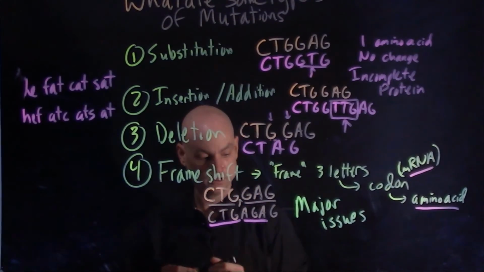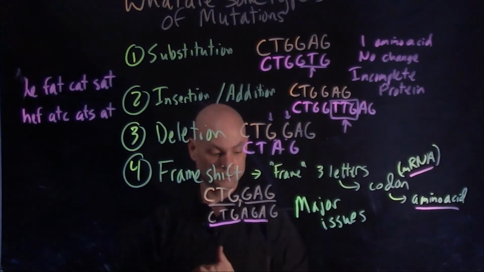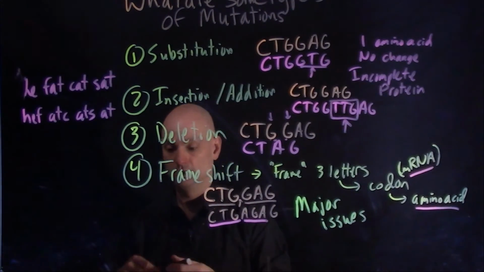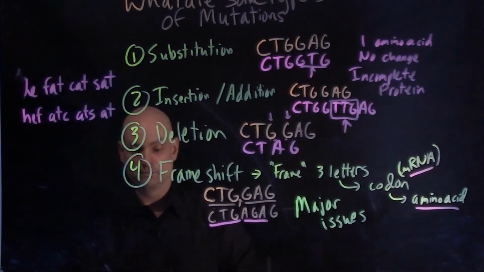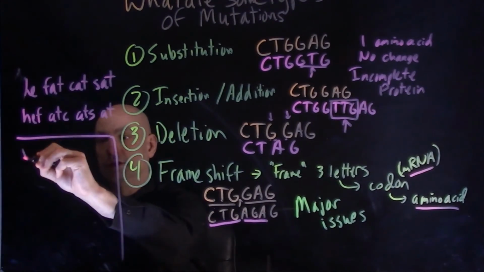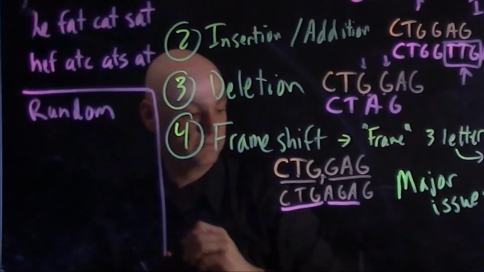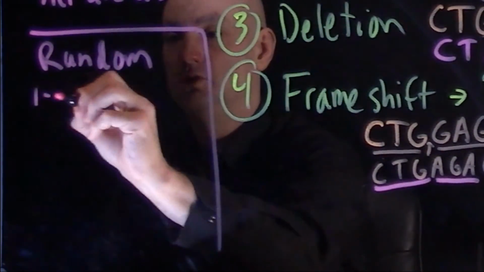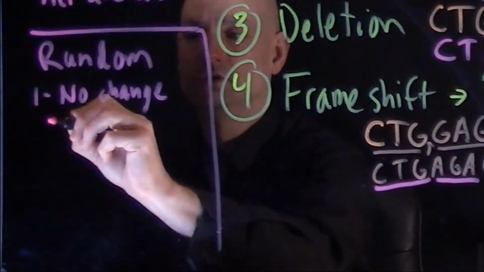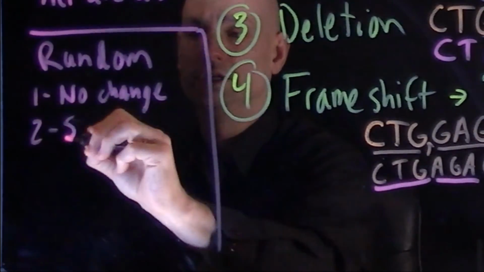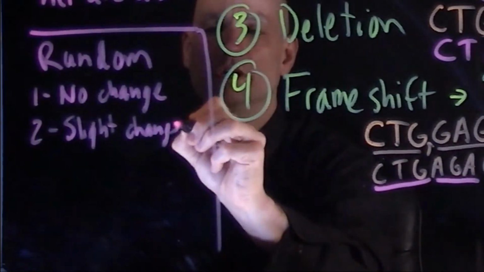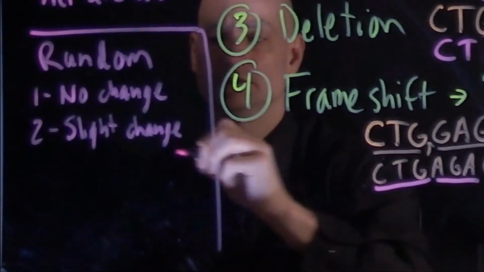Okay, so overall, mutations. I want you to realize again that they are random. They can lead to no change, we mentioned that, a silent mutation. They could lead to only a slight change, maybe one amino acid difference.